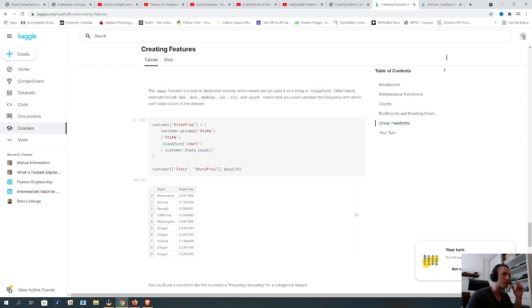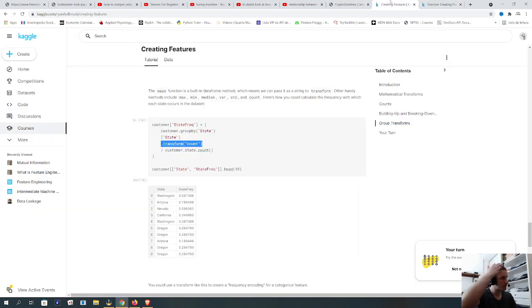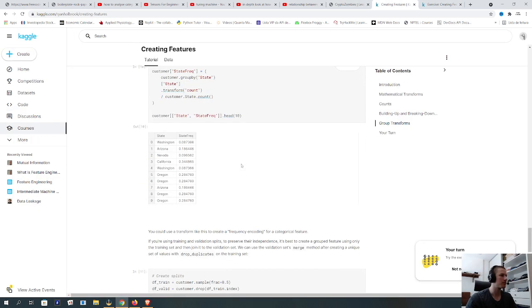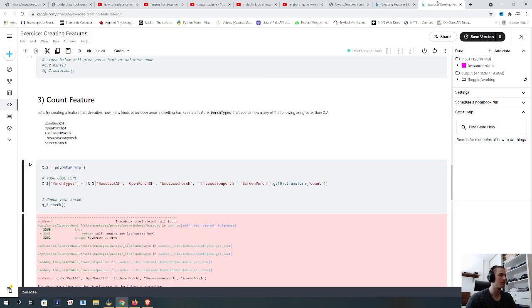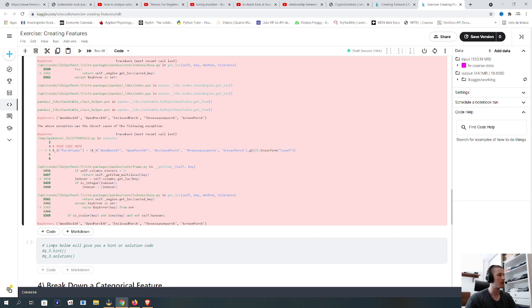Maybe it's dot transform instead of sum. And then parentheses here. I don't know.